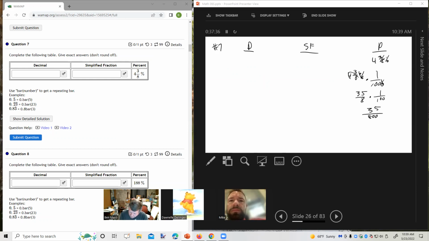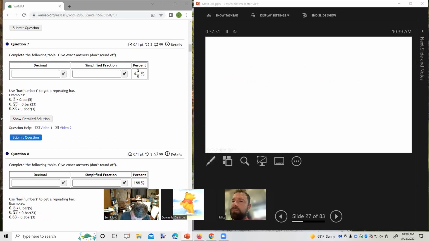So I'm working on the fraction here. Now 35 over 800, I could divide the top and the bottom by 5, and I'd get 7 over 160. That won't reduce any further.